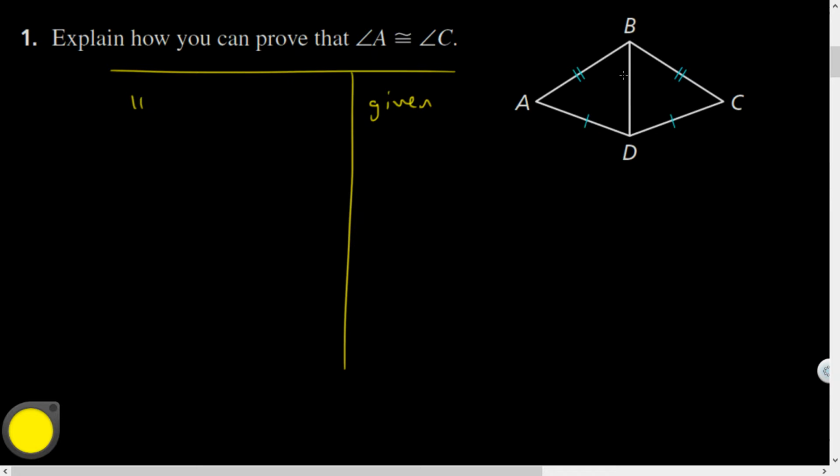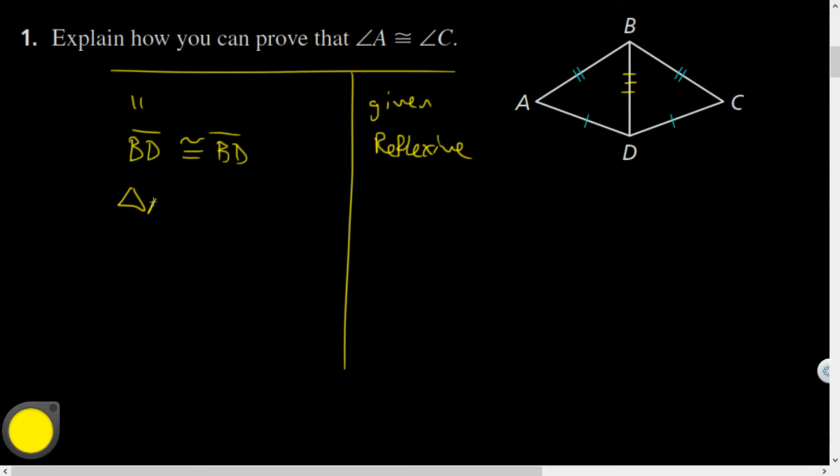Reflexive with BD. BD is congruent to itself, by the reflexive property of congruence. I think those triangles are congruent, and that's going to help me prove that its angles are congruent.